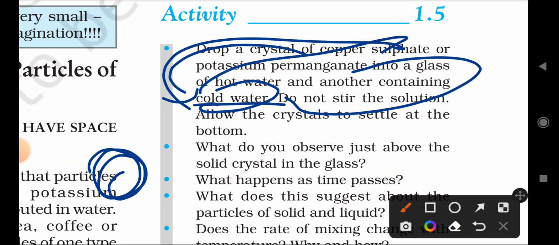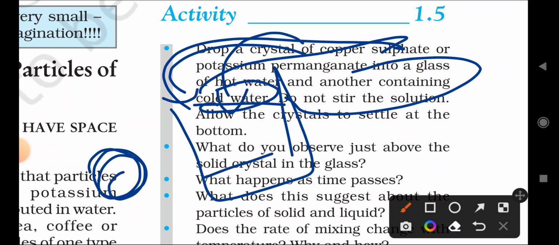Allow the crystals to settle at the bottom of the container. We have taken a container, and in that we add copper sulfate or potassium permanganate. We do not stir it, so it is not mixed with anything. Why? Because the particles should settle down at the bottom. Care should be taken here.